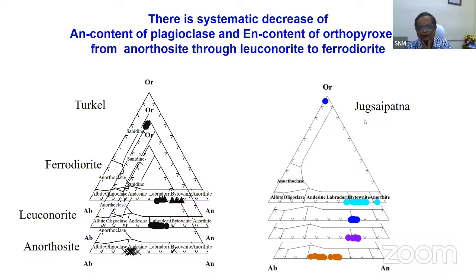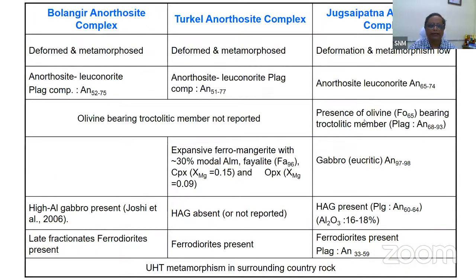The top picture should be anorthosite with more anorthite content, and the lower picture belongs to ferrodiorite with less anorthite content. So these are the two figures representing the plagioclase composition in Turkel and Juksai Patna.